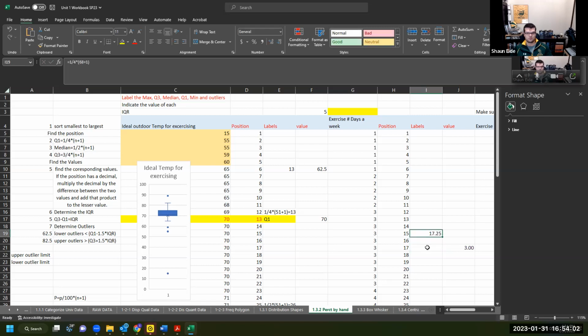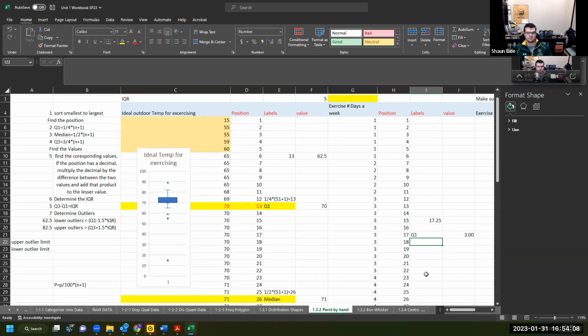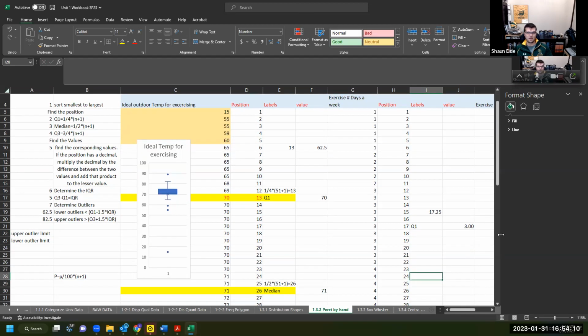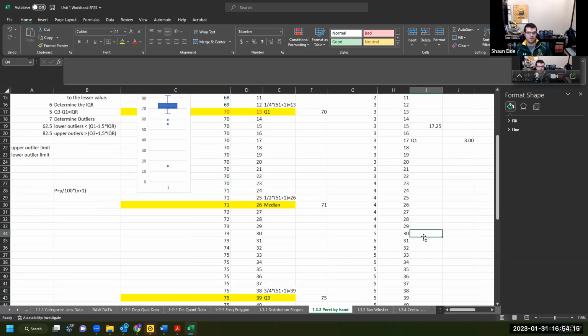Let's do this. Q1. Okay, and then we're going to find the median. So once again, how many observations do we have? We've got 68 observations. So the median is going to be equals 68 plus 1 multiplied by 2 over 4, or 1 over 2.